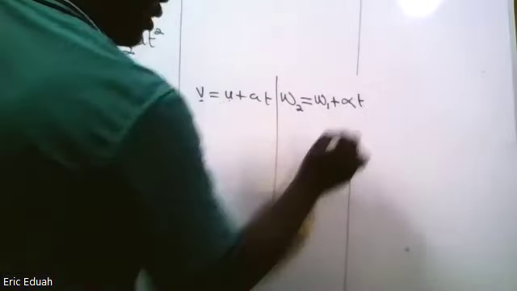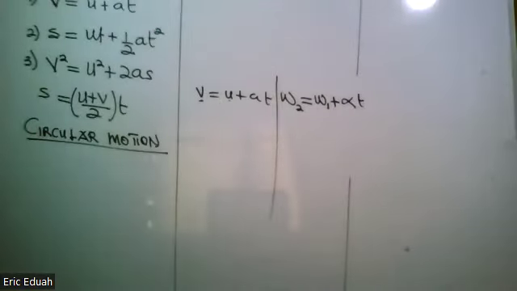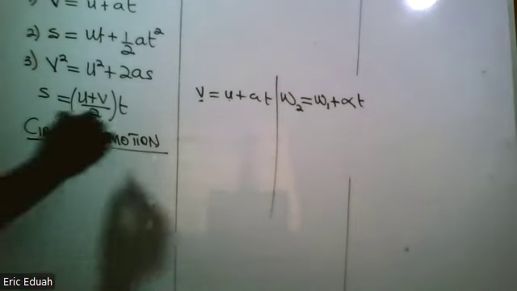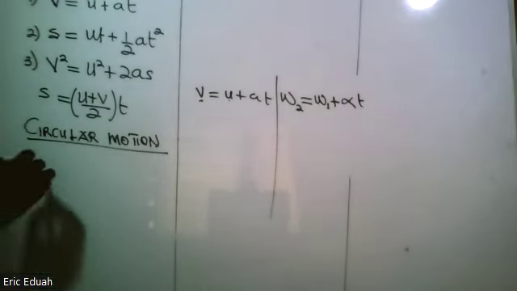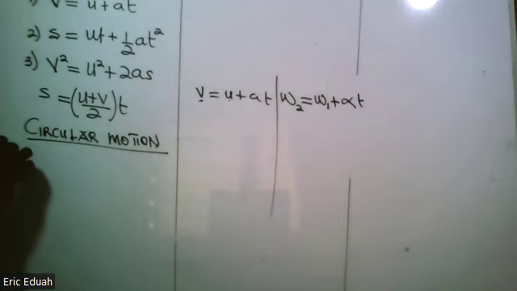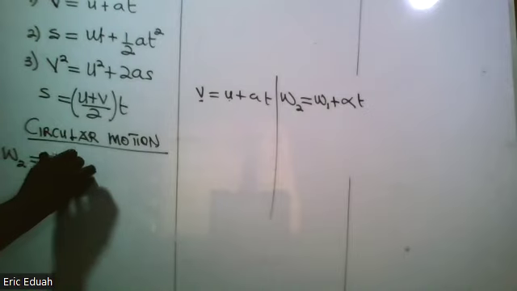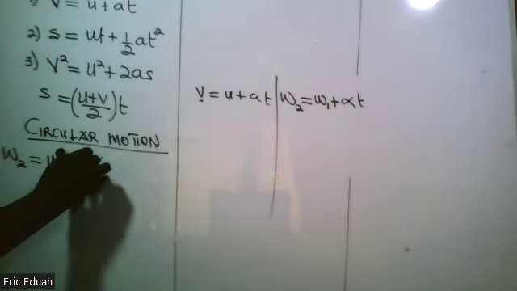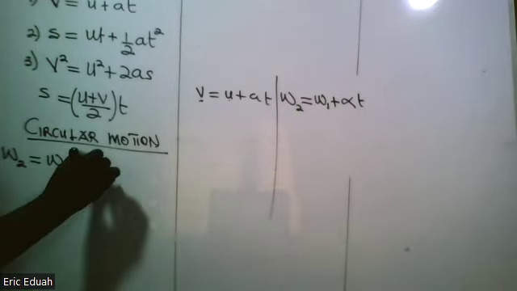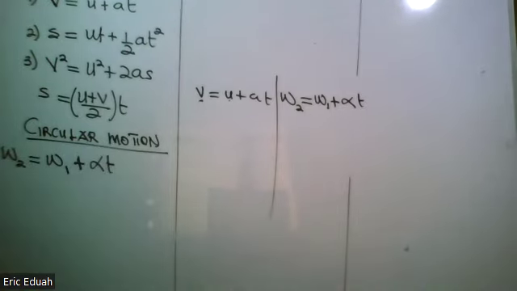Time is neither circular nor linear. So for circular motion, the first equation becomes omega 2 is equal to omega 1 plus angular acceleration times t. The first circular motion equation.